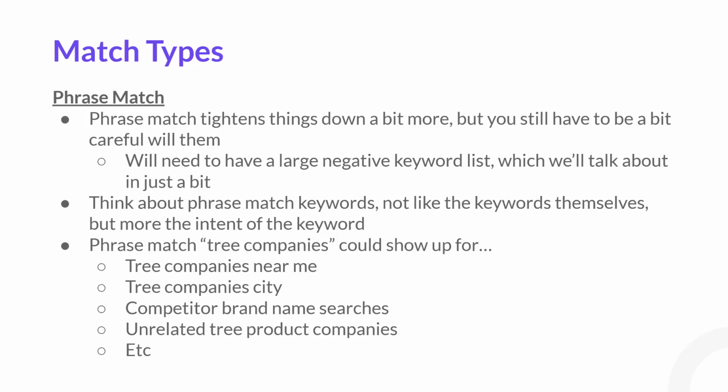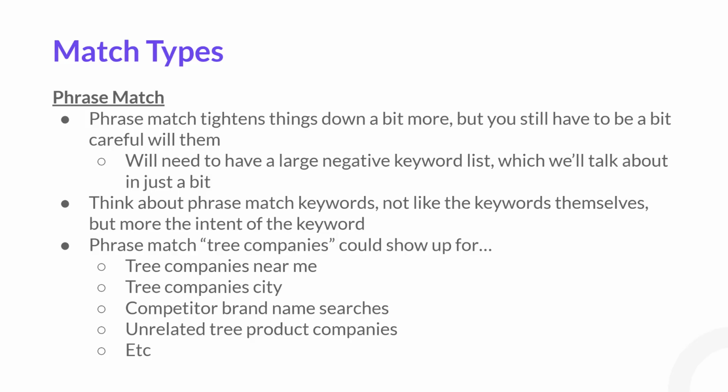If you just have phrase match tree services in there, for example, it could show up again for tree services near me and all that kind of good quality traffic, but it could show up for things that are loosely related to the intent of tree services. So it might not be that specific keyword, or it could be some loosely related service, more related to pest control, maybe around termites or some kind of infestation, and that's the kind of tree service that it shows the ad for.